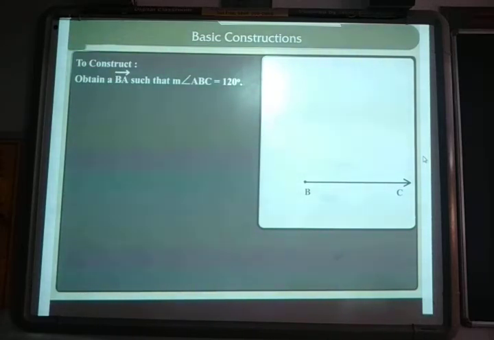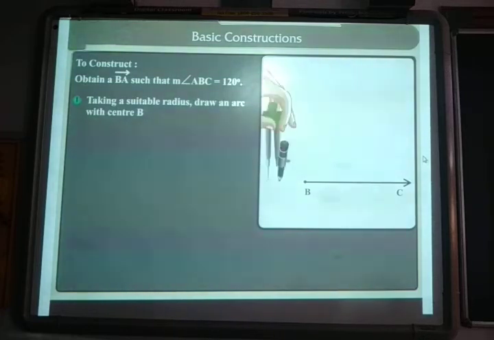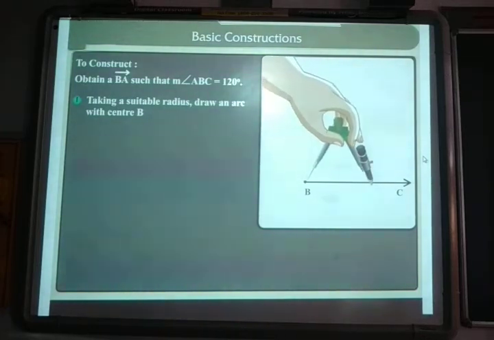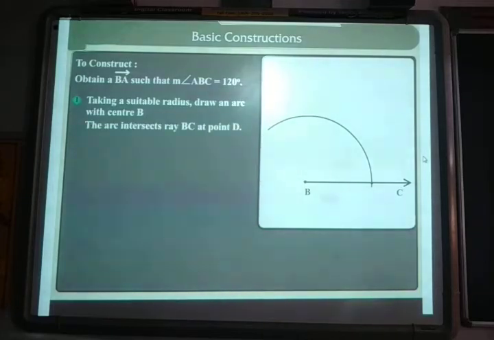The initial steps for construction will be the same as those for constructing an angle of 60 degrees. Taking a suitable radius, draw an arc with center B. The arc intersects ray BC at a point, say D.